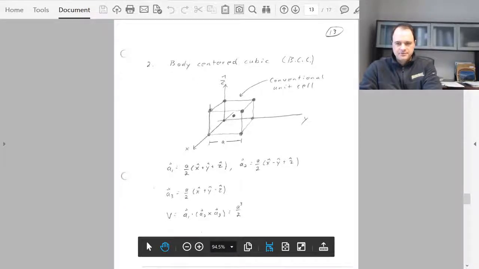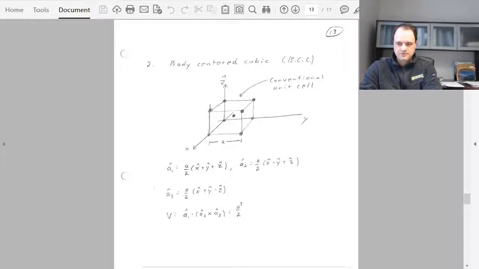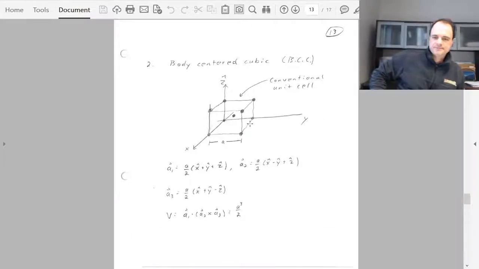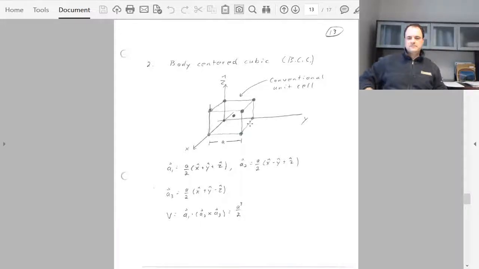Let's go to our second common crystal. See if our video is still going. Yes. The body-centered cubic crystal. It's basically a simple cubic crystal of lattice constant a, and I denote this as the lattice constant. If you're a stickler, we call it the conventional unit cell lattice constant.